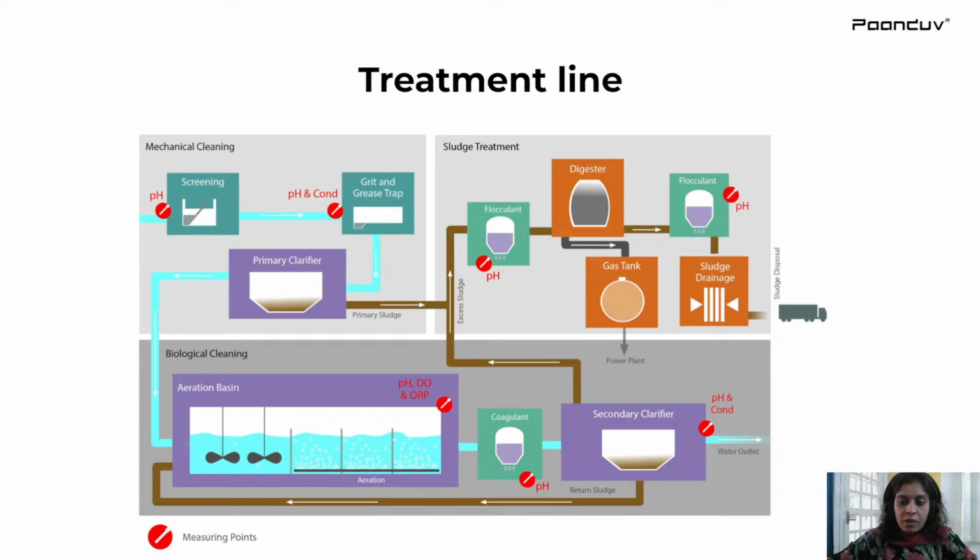Now, if we look at the treatment line, we can categorize it into three major chunks: mechanical cleaning, sludge treatment, and biological cleaning. In mechanical cleaning, you eliminate the macroscopic impurities such as sand, gravel, grit, oil, etc. Then the impurities go to the sludge treatment line.